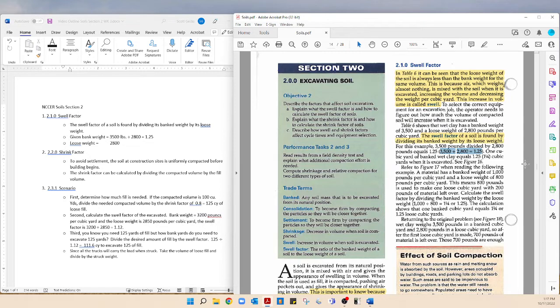The reason we need to know this is, suppose we are digging a trench and we're going to put something back in that trench, such as concrete. The dirt will be left outside on top of the ground in a pile. It will, in volume, have increased because we have disturbed it.